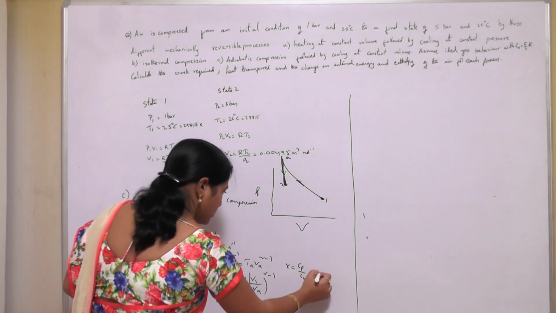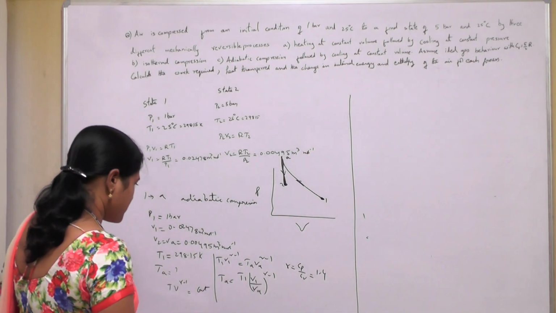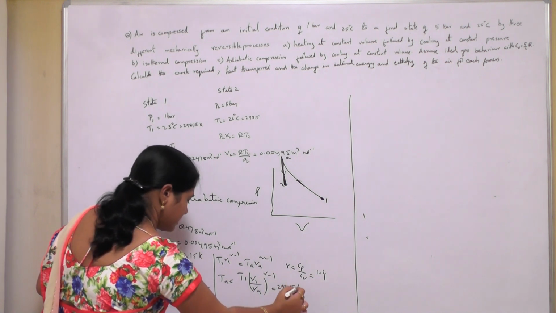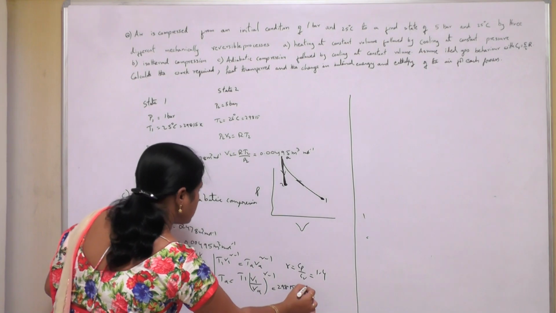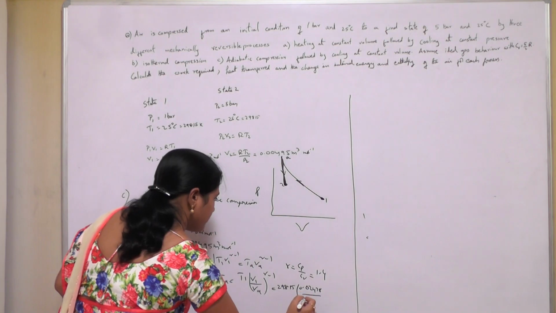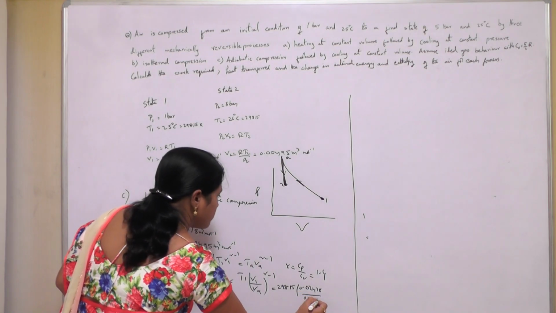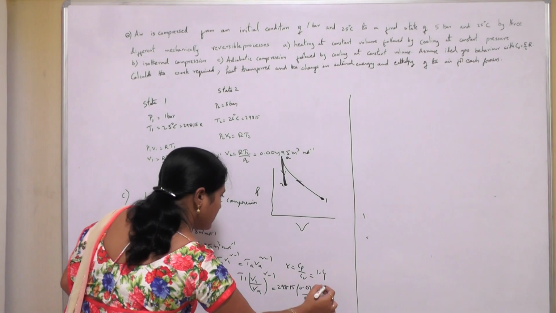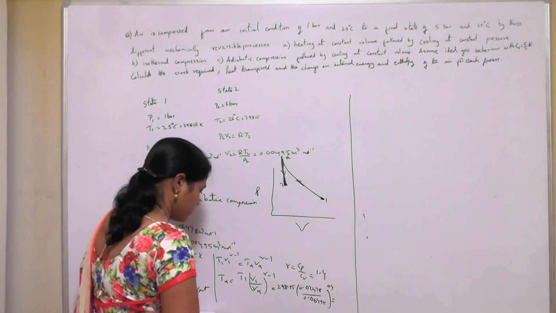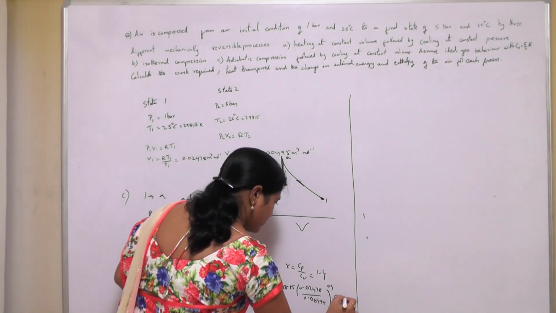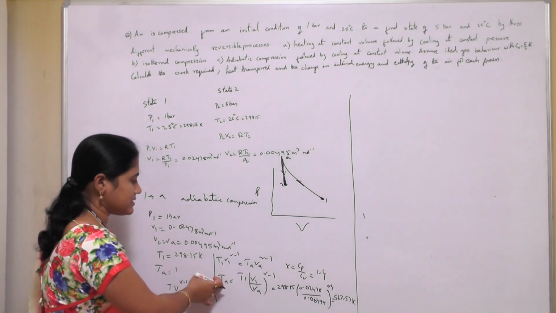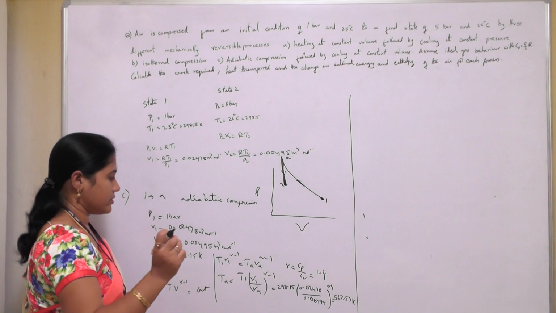So gamma equals Cp by Cv, that is 1.4, and T1 is 298.15 and V1 is 0.02478 by 0.00495, whole to the power 0.4. It gives the temperature 567.57 Kelvin. After getting this temperature, we find the Q value.